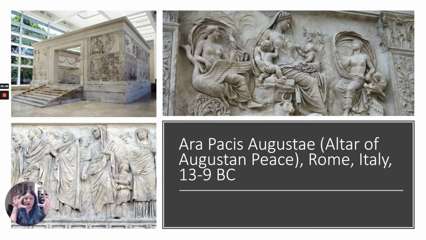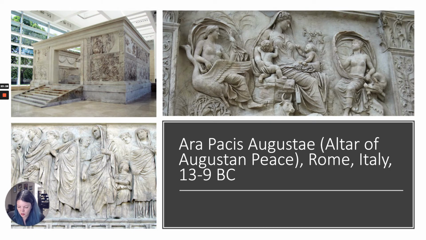So we have the bounty of the earth with the livestock and the grain and things. We have the sky and we have the water. So to me, it makes sense if this is depicting all of these aspects, sky, sea, and earth, all in harmony. It makes sense if this is Gaia. But the main idea is that this is what the Pax Augustus, the peace of Augustus, brings to the Roman Empire, is this nice, serene harmony, okay?